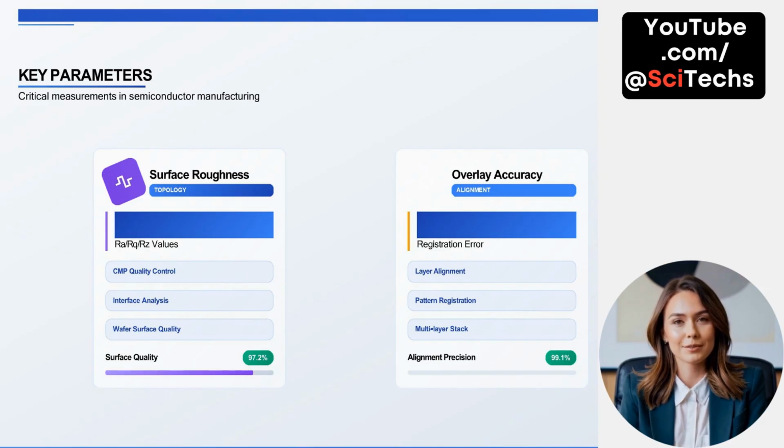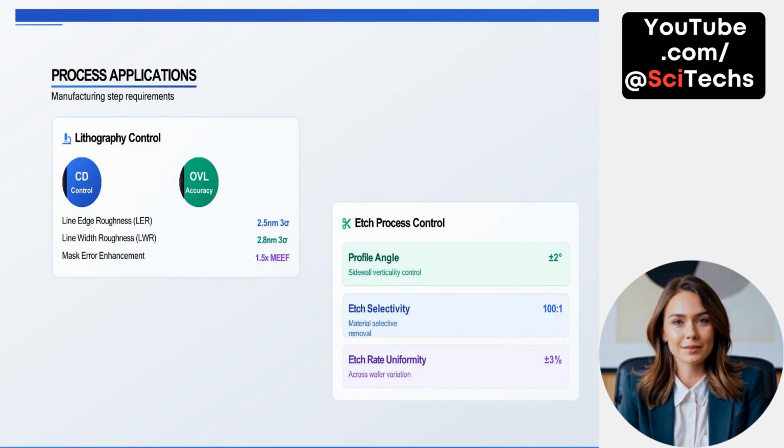Process applications. Process applications in semiconductor manufacturing focus on controlling key parameters at every step to ensure precise and repeatable outcomes. In lithography control, CD, or critical dimension, control is vital for ensuring accurate feature sizes on wafers.